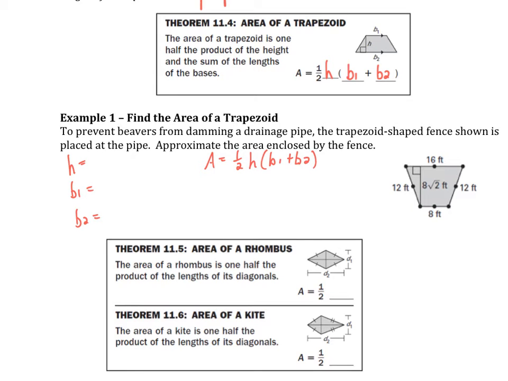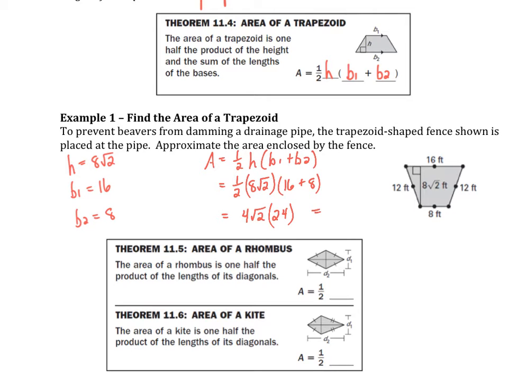So the height in this one is 8 square root 2. And base 1 and base 2 are 16 and 8. So the area is 1/2 times 8 square root 2 times 16 plus 8. And we end up with half of 8 is 4. So it's 4 square root of 2 times 24. All right.